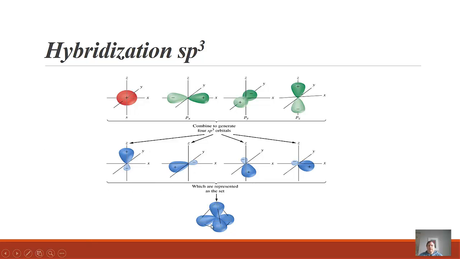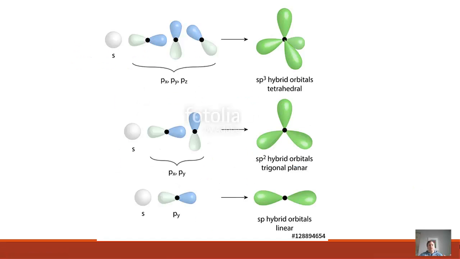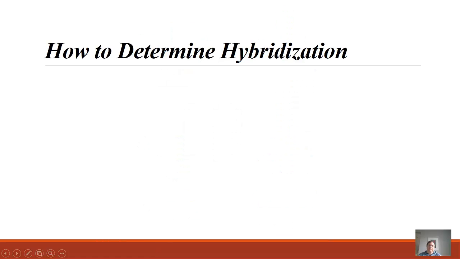And here's our s, and here's how they end up forming that tetrahedral shape there, that 3D looking pyramidal shape. Okay, so here's just a picture showing our three, the sp, sp2, and sp3, kind of how they come together and how they form, just a little reference for you.